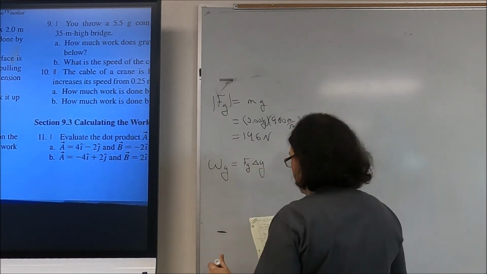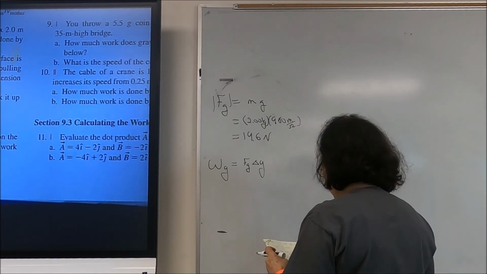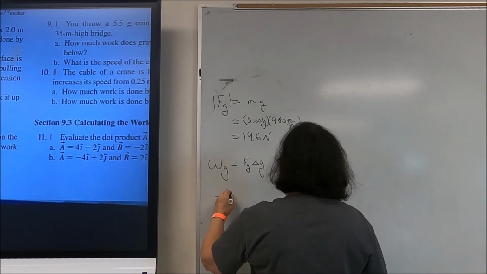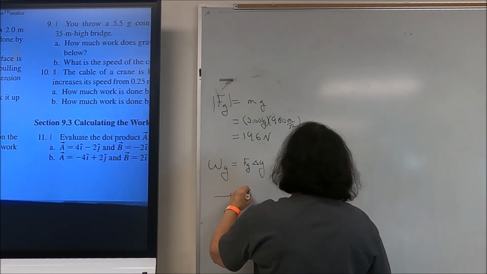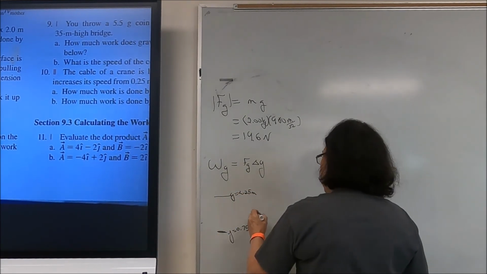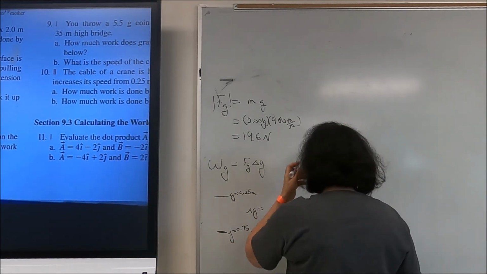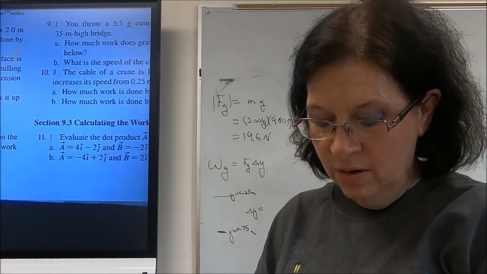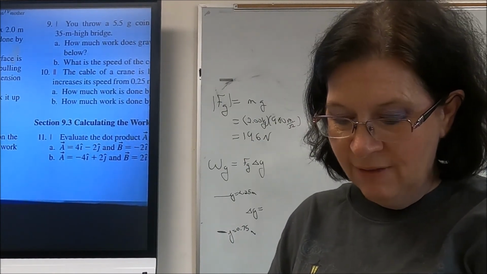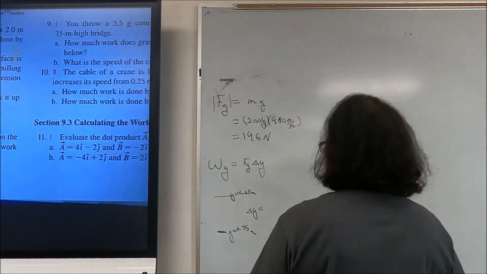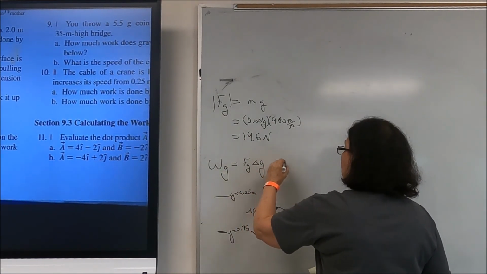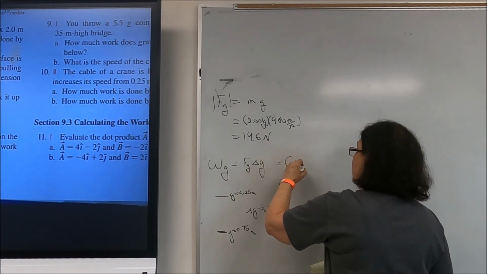Now, if you start out at a table height y equals 0.75 meters, and you go up to a height of y equals 2.25 meters, then our change in y is going to be, and I didn't write it out, I punched it all, so 2.25 minus 0.75, 1.50. Okay? So work done by gravity is the force due to gravity.